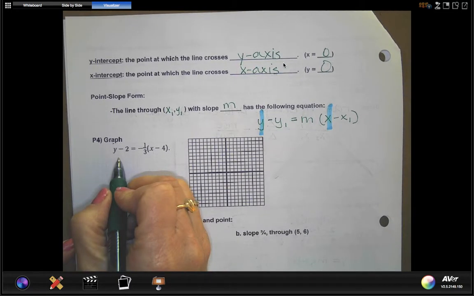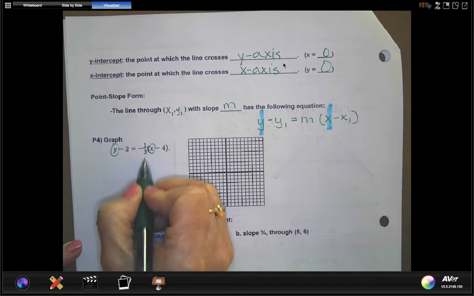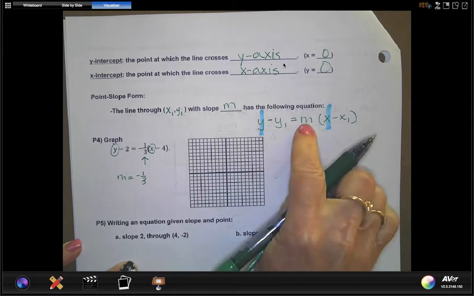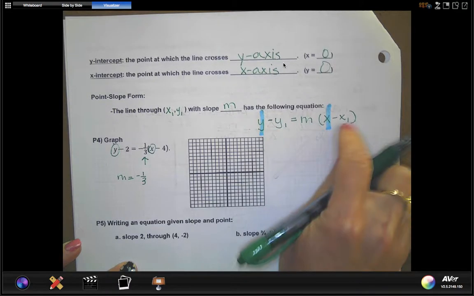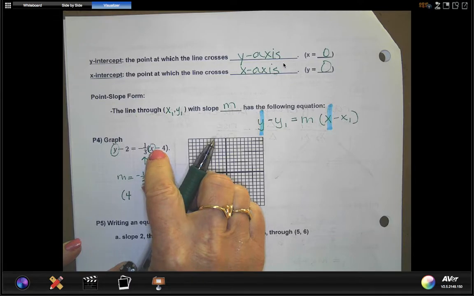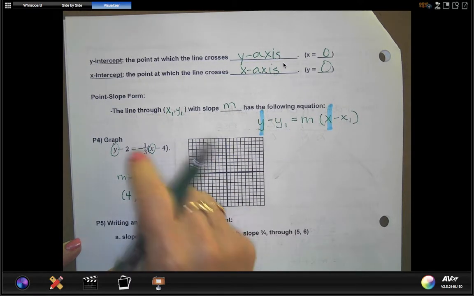So right here, if you notice, here's my variable, here's my variable. There's my slope, just like I said it was up here. And then here's the y, here's the x. So over here, the point 4, see that subtraction there? Subtraction there. So then I have a positive 4 for my x coordinate.